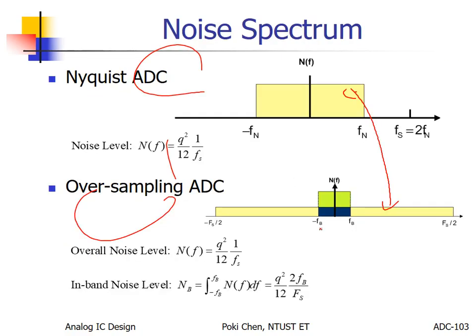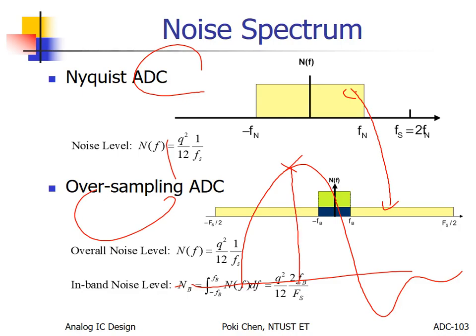Very interesting. For example, if this is your input, in the past it went from maximum to minimum, and now we only code the difference. How many bits do you need to code the difference? It depends on how high the sampling frequency is. If we increase the sampling frequency very much, this is mine, that is you.